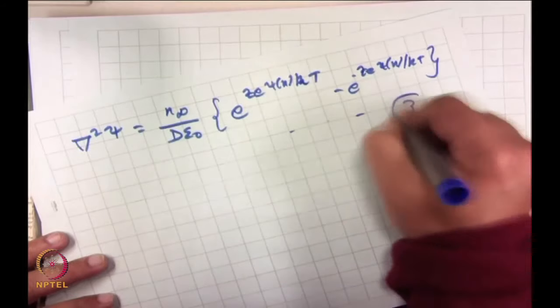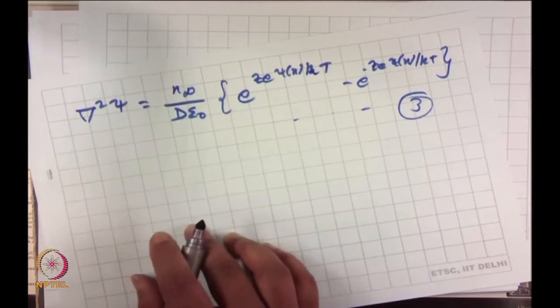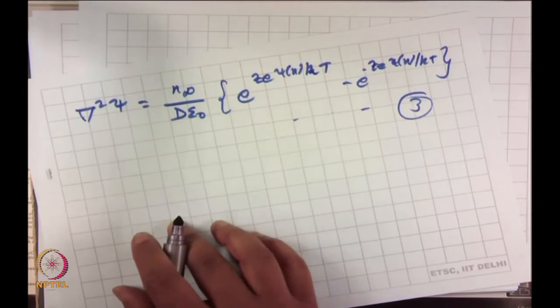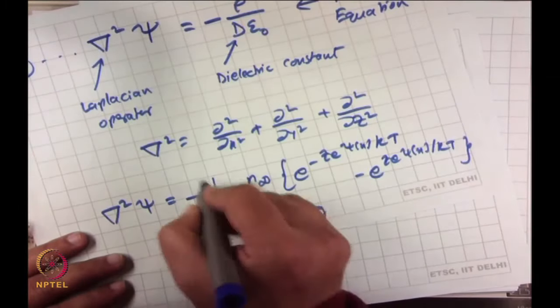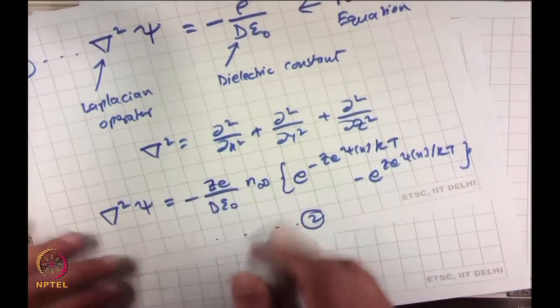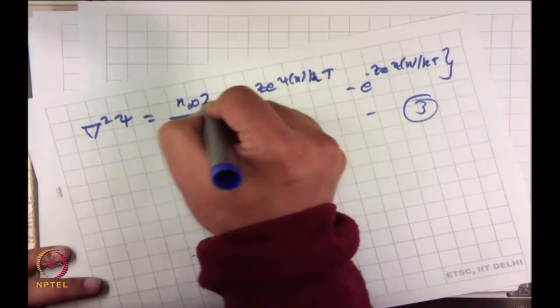So, this is equation 3, okay, but I am missing one thing. Can you tell me what I am missing? So, I missed that. What I missed was, if you look at this equation, I should be putting z e out here, and then automatically it will also come here, right, z e.